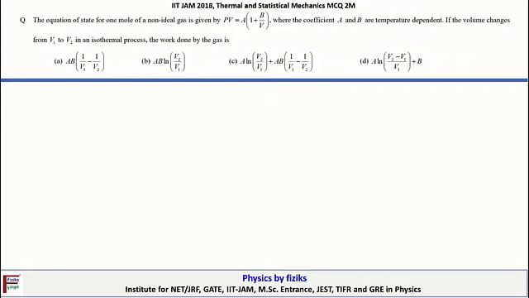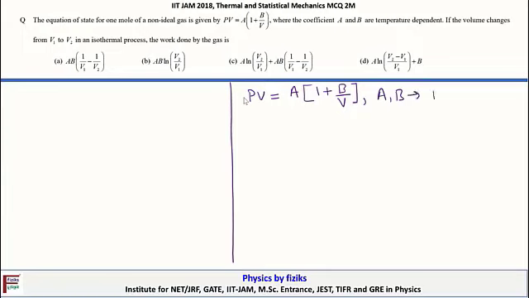The equation of state for 1 mole of a non-ideal gas is given by PV equal to A into 1 plus B by V, where A and B are temperature dependent quantities.